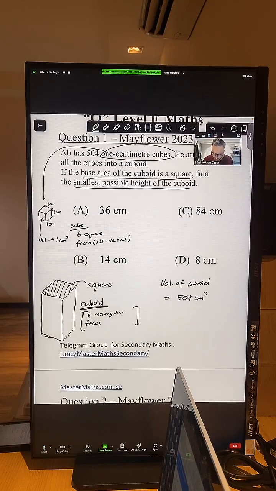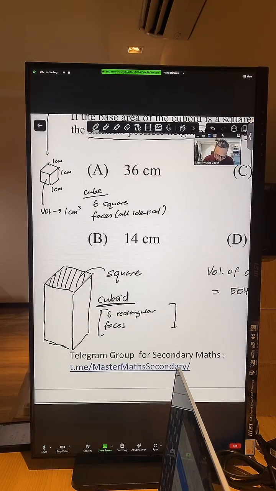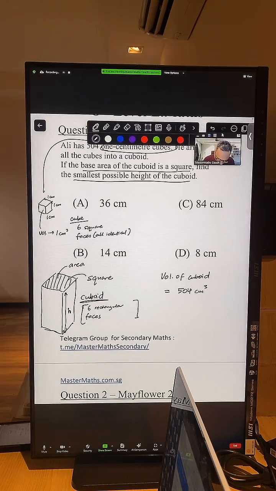So now, how do I get the volume of a cuboid? You must take the area times the height. This is the height here, h. Okay guys, so maybe I use a different color. So volume equals area times height.